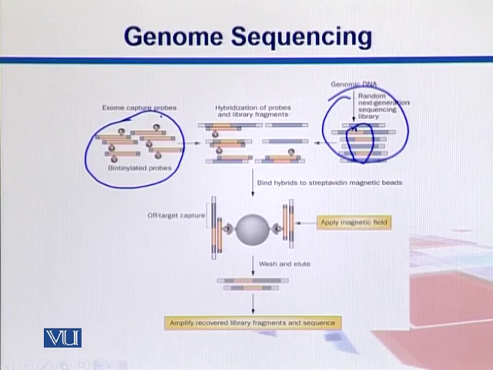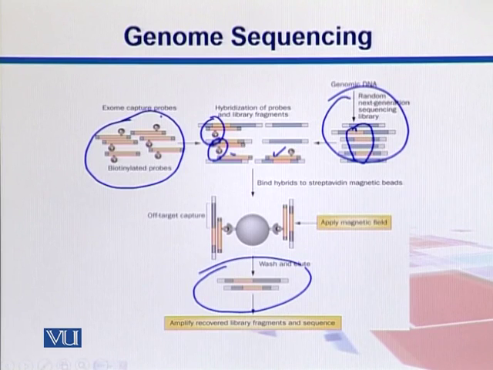In this way, we can capture the exons in which we are interested. These are then reacted with special beads and attach there, so we can take them out, amplify them, and send them for sequencing. So we have captured some specific regions in which we were interested.